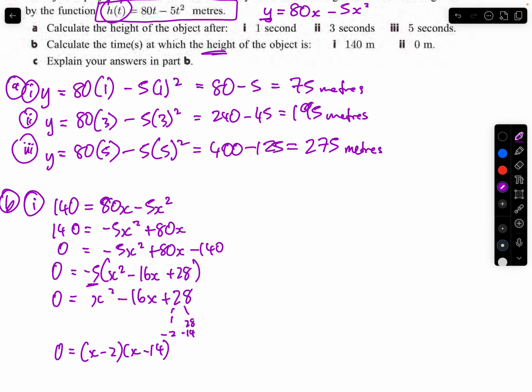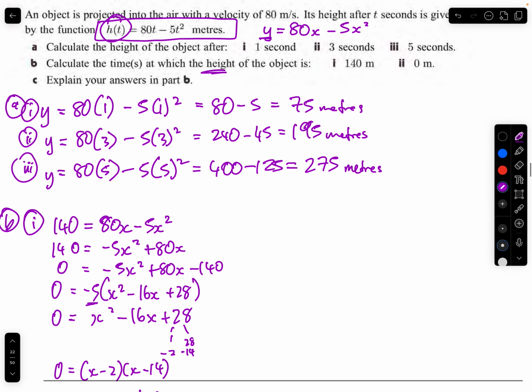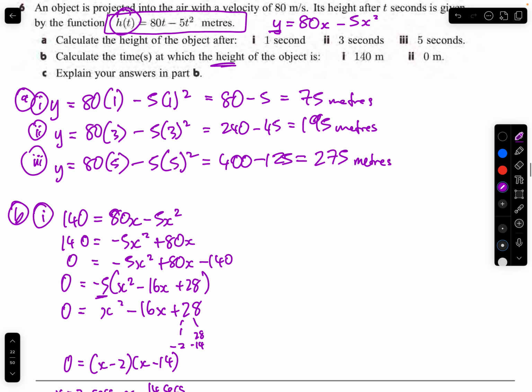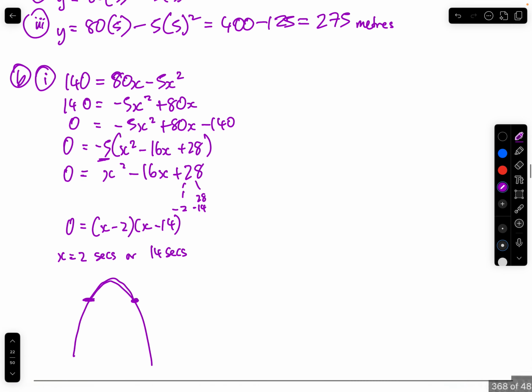The times at which the object is 140, it's going to be at x is equal to 2 seconds or 14 seconds, which makes sense because an object, when it's projected into the air, goes up and then down. And you're saying the times at which is 140 meters, well, if let's say 140 meters was there, it's going to reach that height early on, and it's going to also reach that height a bit later as well. So it makes sense to have two answers here.